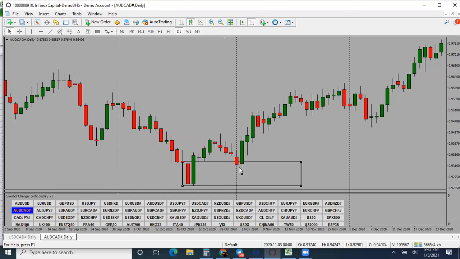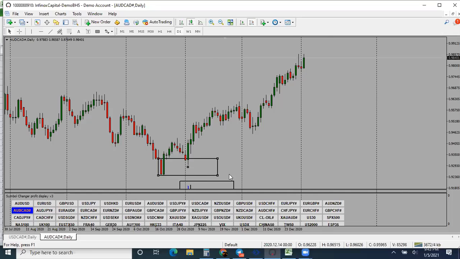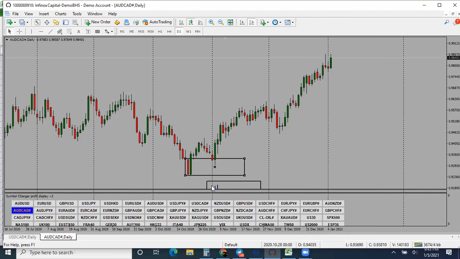We are happy because we know we would soon get a setup. And you know the funny thing about an order block? If price violates your order block, we'll be discussing this properly when we start discussing our new system, you are also happy because now you can trade the opposite direction. But let's focus on this for now.